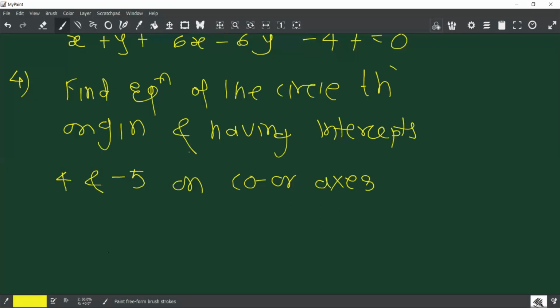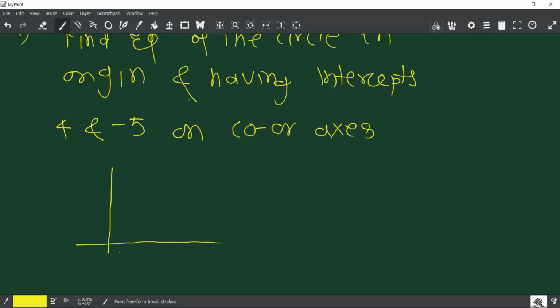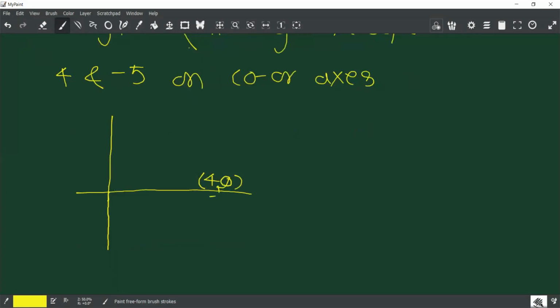The circle is passing through the origin, मतलब एक पॉइंट ये है, intercept, this is 4, 0. और नीचे है 0, -5. So actually तुम लोगों का सर्कल पास हो रहा है ऐसा कुछ. ये है 0, -5 नीचे का.